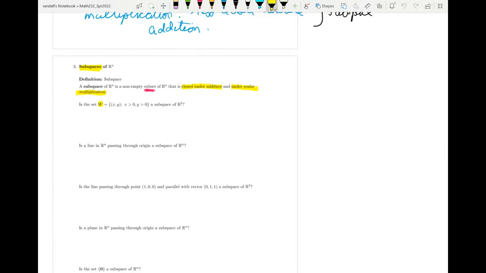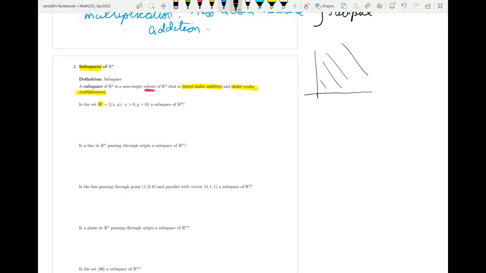That's a set of vectors, and you can sketch it out. It looks like this, right? It's this quadrant up here, except for the edges, with x and y being positive. All those vectors are this set W.